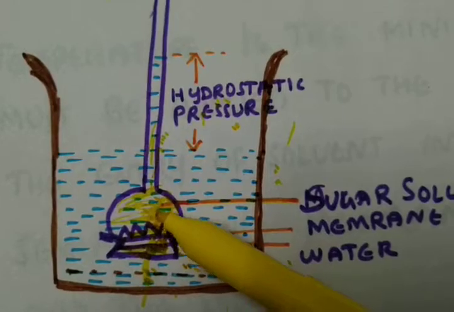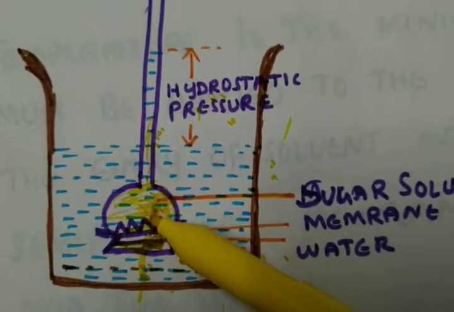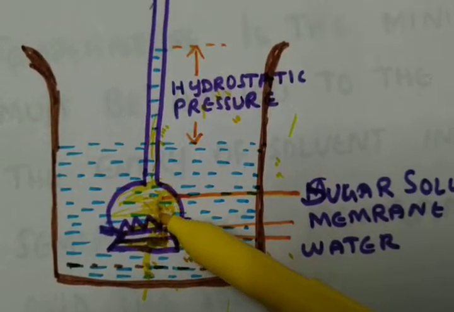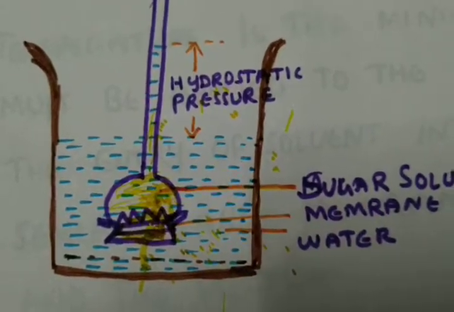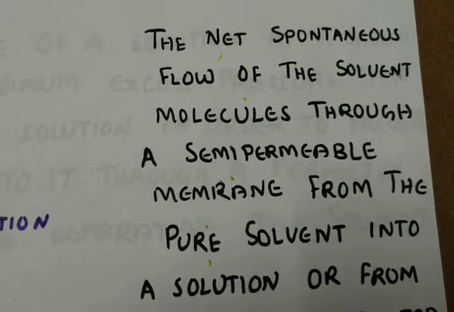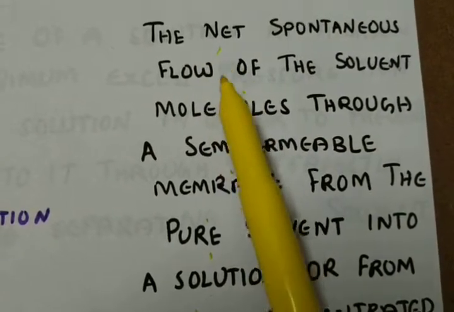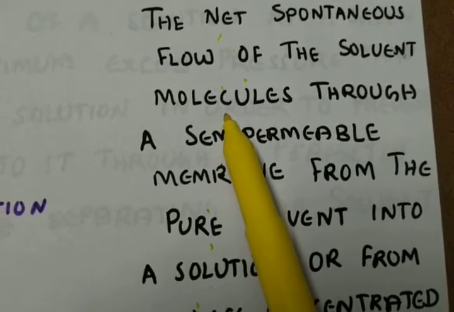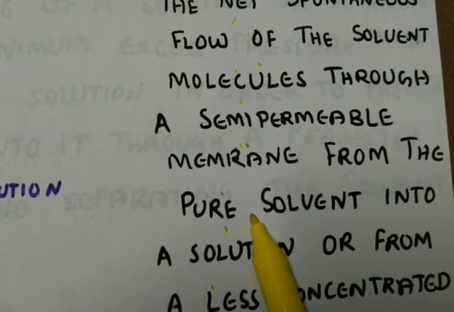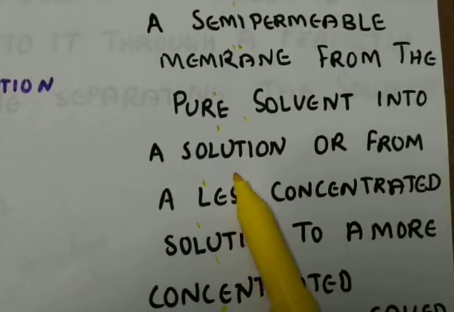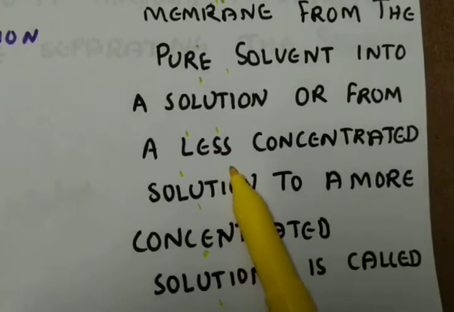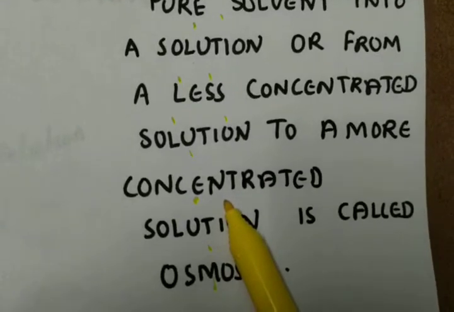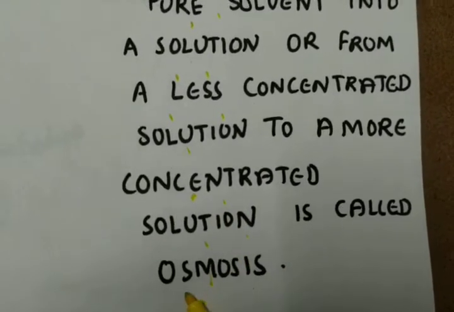This excess pressure is equal to the osmotic pressure of the solution. So, osmosis is the net spontaneous flow of solvent molecules through a semi-permeable membrane from the pure solvent into a solution, or from a less concentrated solution to a more concentrated solution.